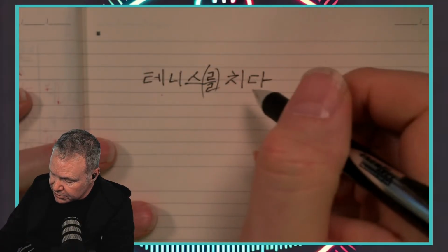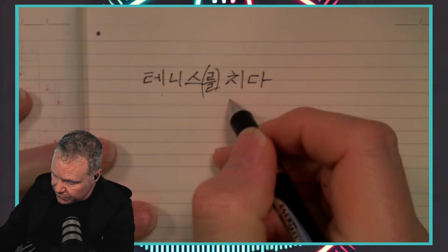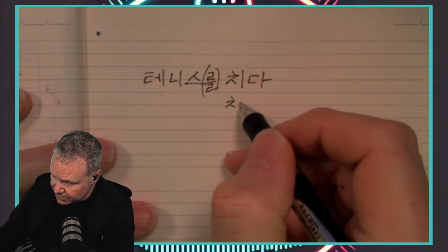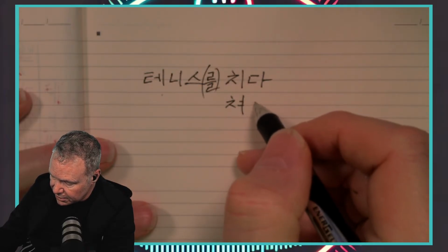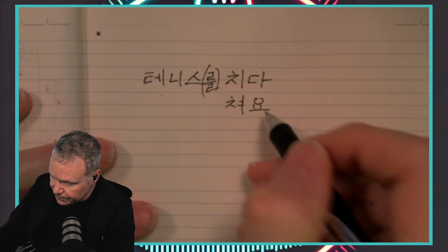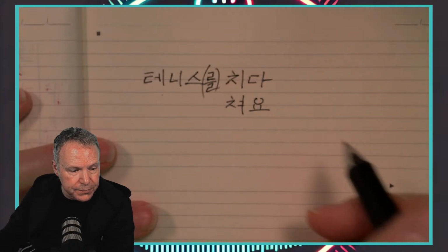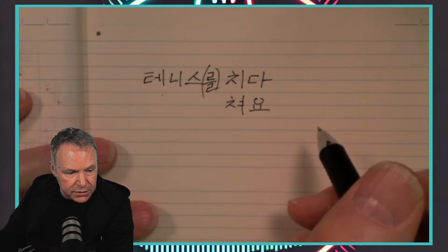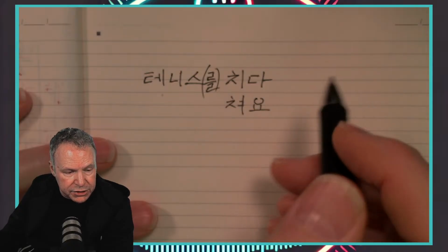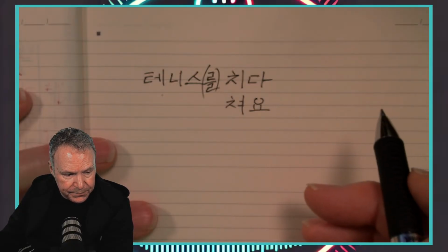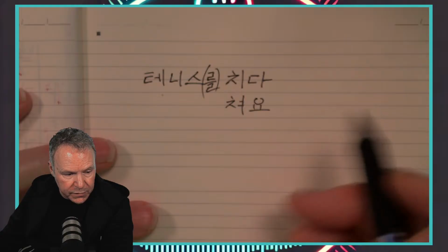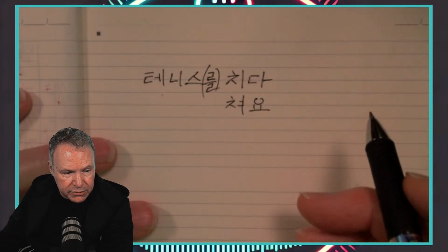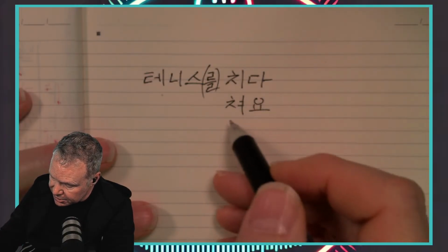So 테니스 치다, if you conjugate it simply with a yo ending, it becomes 테니스 쳐요. Now you'll see in some of the questions here, we have the 칠 줄 아세요. We have 테니스 쳐요. Yeah, those are all the conjugations we see there.